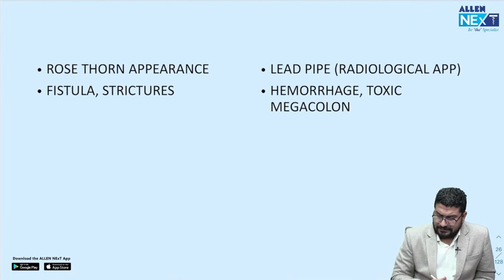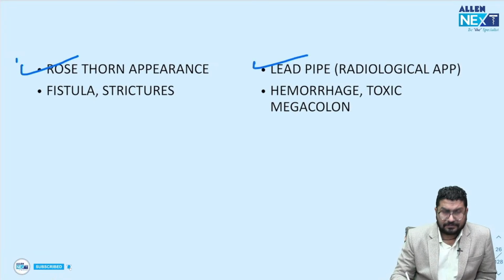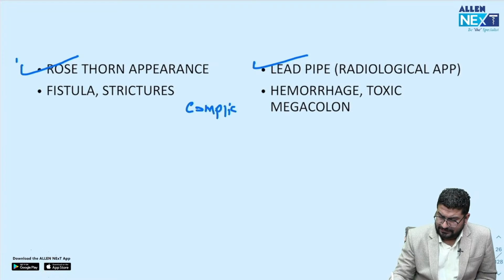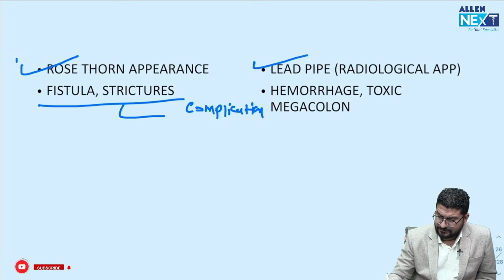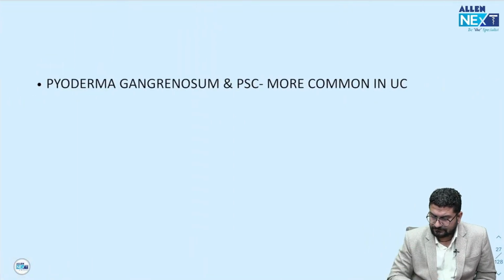Then in radiological appearance, you will notice rose thorn appearance. You will see lead pipe. Then it can complicate. Complications will be fistula, strictures, hemorrhage, toxic megacolon. So these are the complications that we see.